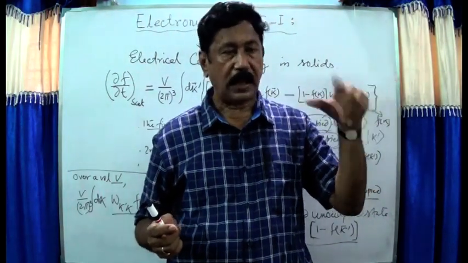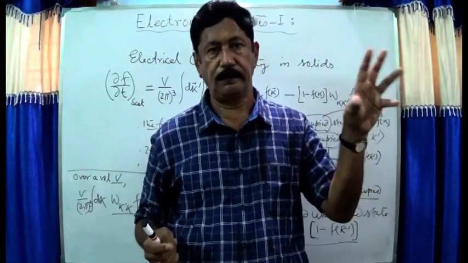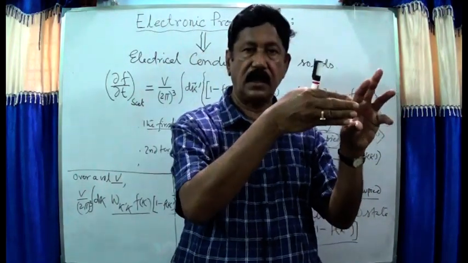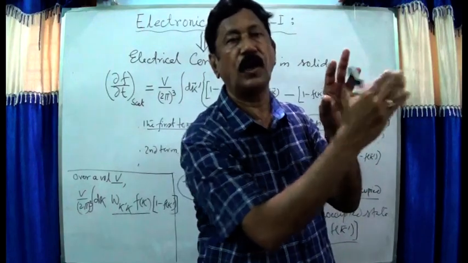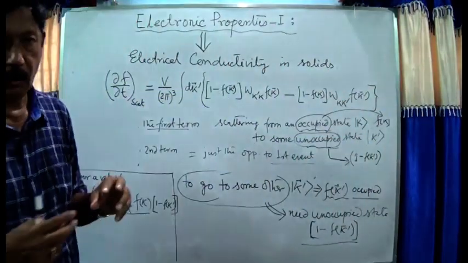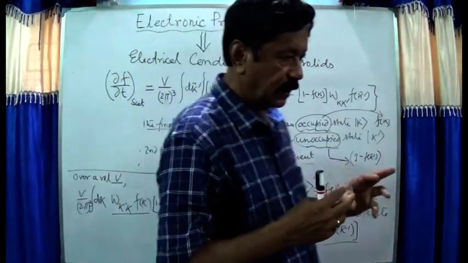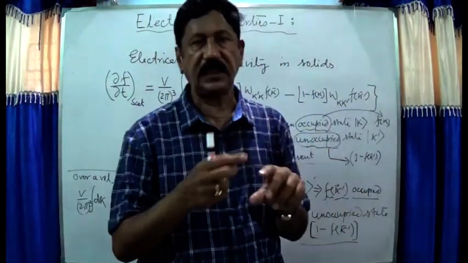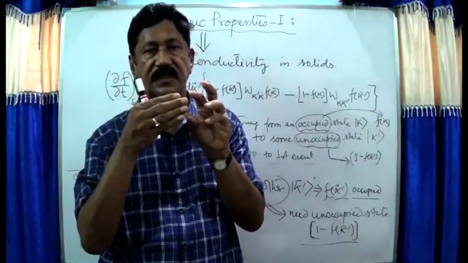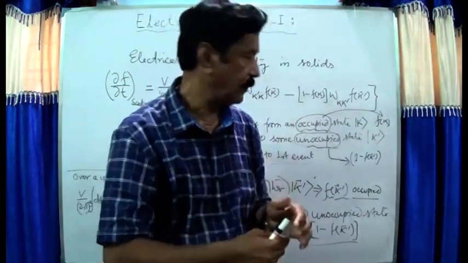So for the K prime configuration, what happens? Someone is coming in and someone is going out. Is it clear? So simultaneously for a particular domain, there is an influx and an outflux.